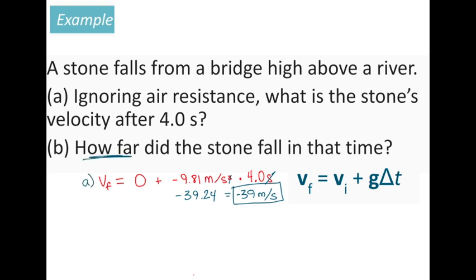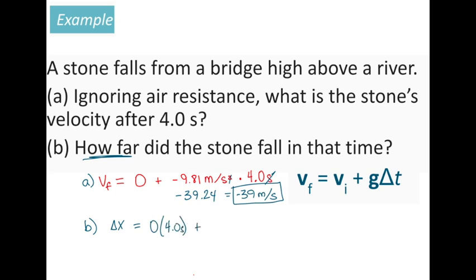How far, what does that want me to tell them? Distance, displacement, yes. So I'm going to use one of my displacement equations. So change in x. That's what we're trying to do here. We're going to say initial velocity, it fell, 0, times how long it fell, 4 seconds, right?